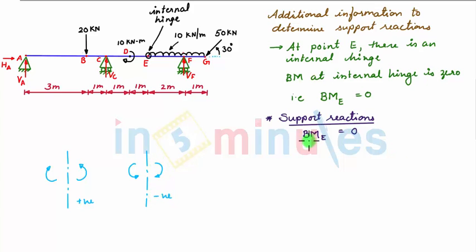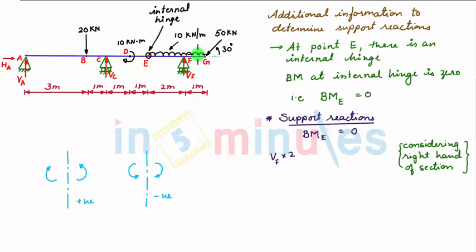So writing the bending moment equation at point E, considering the right hand side of the section, first there is an anti-clockwise moment caused due to the vertical support reaction VF acting at a distance of 2 meter from point E. So we have VF into 2.